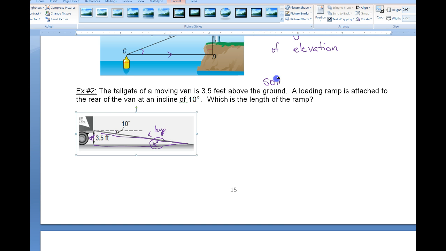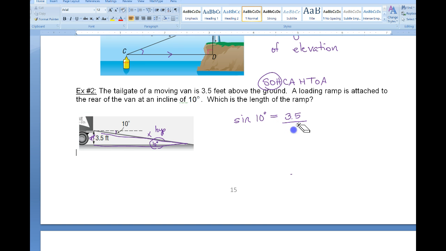So when we're looking at SOHCAHTOA, opposite and hypotenuse is sine. So I have sine of 10 degrees equals opposite 3.5. Oops, that's going to be over x. Okay, now this is a little different than some of the other ones we've solved. Basically what we need to do is multiply both sides by x, so we'll have x times sine of 10 degrees.